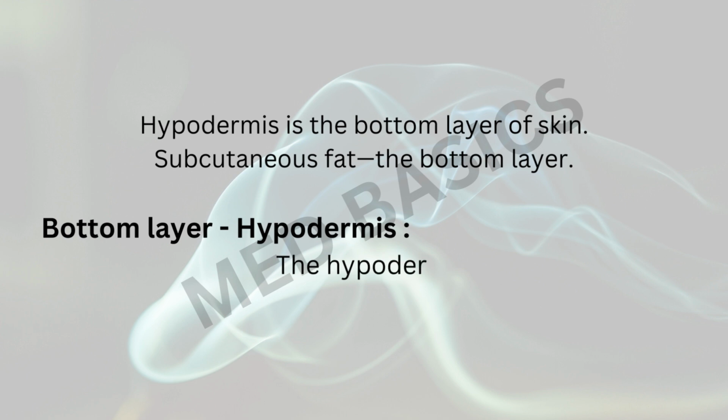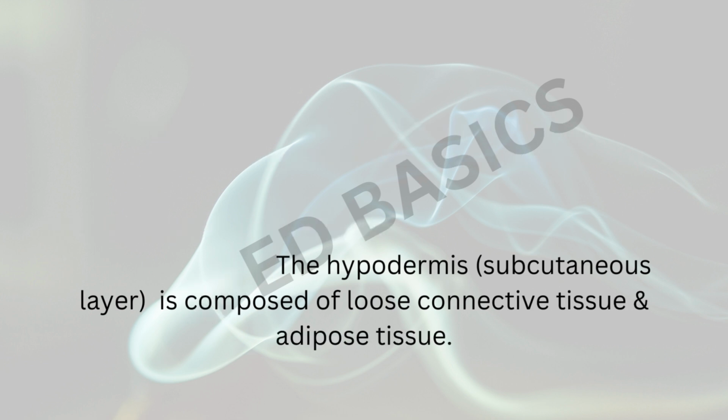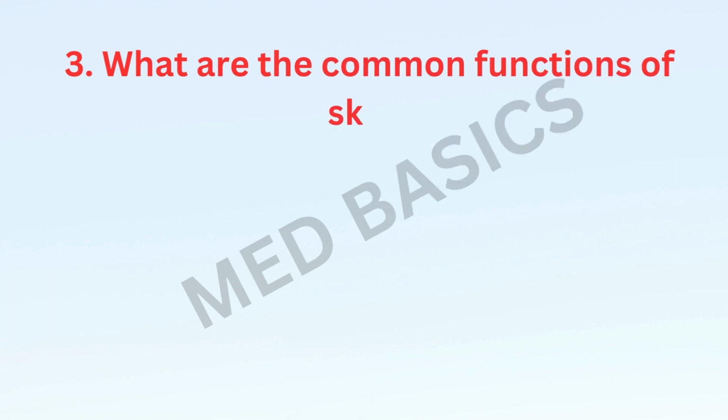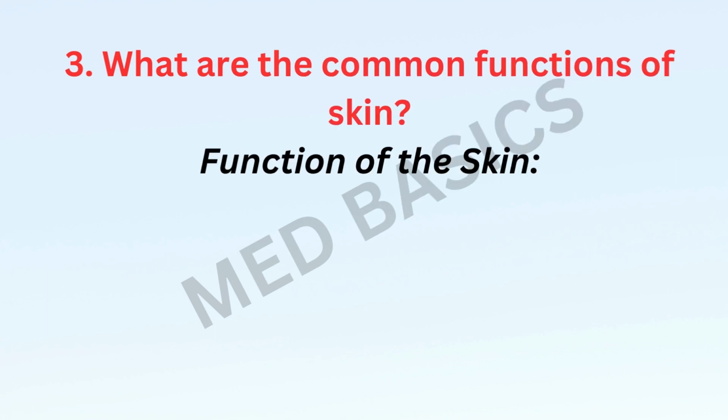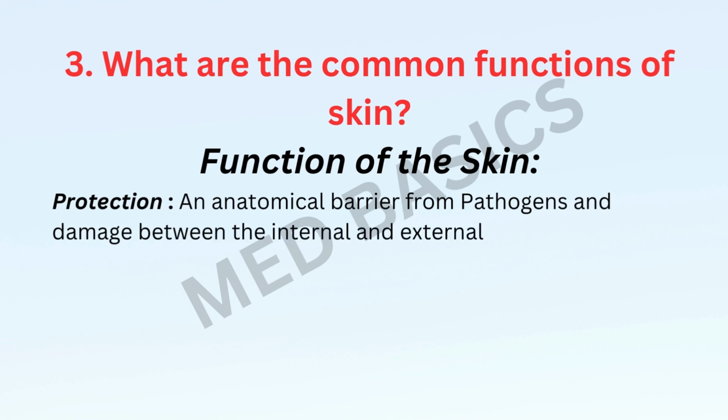Regulation of body temperature. Control of evaporation: the skin provides a relatively dry and semi-impermeable barrier to fluid loss. Storage and synthesis: acts as a storage center for lipids and water. Skin also helps in vitamin synthesis. Water resistance: the skin acts as a water-resistant barrier so essential nutrients are not washed out of the body.